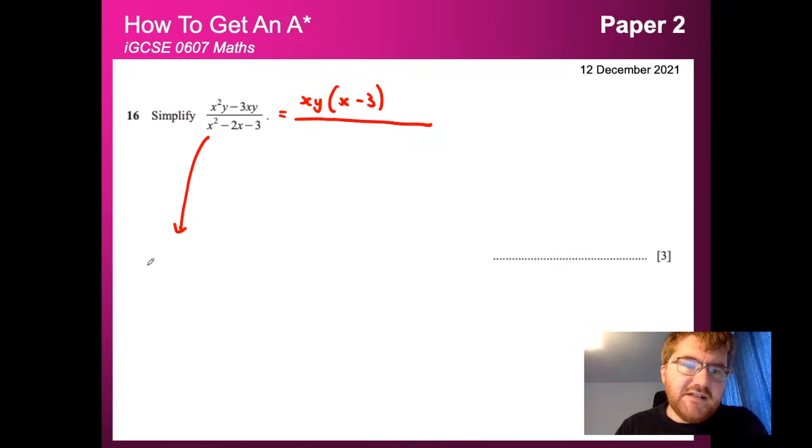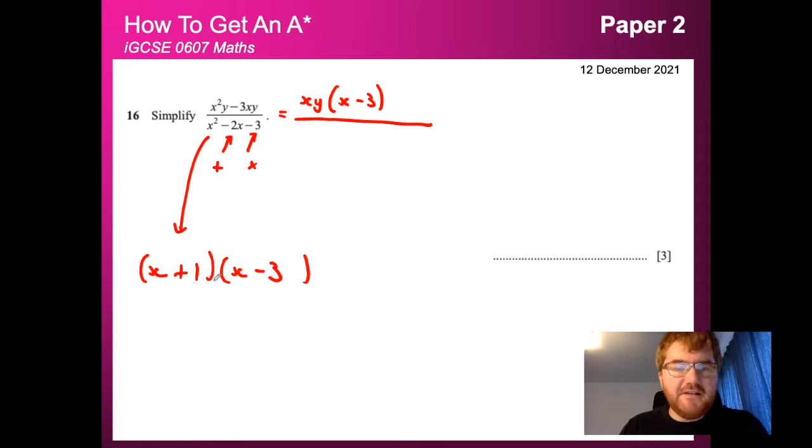Now, if we factorize this, because we've got 1, 2, 3 terms, an x squared term, an x term, and a number, this is going to go into 2 brackets. Because we have an x squared, we're going to put x at the front. And now we're looking for 2 numbers that multiply to give me minus 3, but then add to give me minus 2. Well, what numbers could they be? Well, a minus 3 and plus 1 fits here.